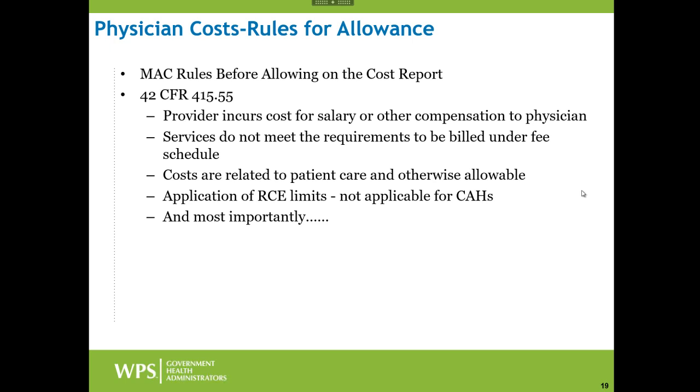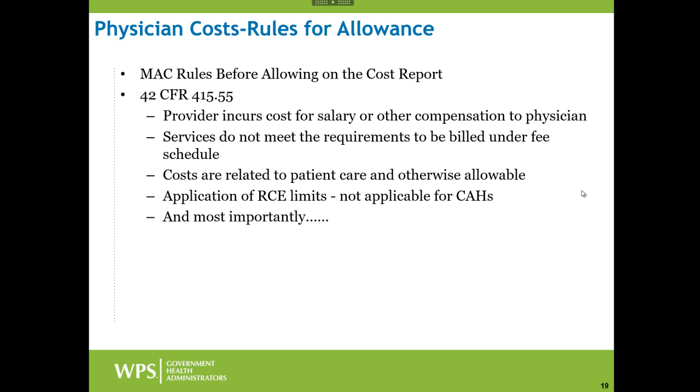And just as a summary, this basically says that the provider is incurring the cost for salary or other compensation to the physician. So there has to be a true cost incurred. The amount can't just be pulled out of thin air. There has to be proof that that cost was incurred for something related to a payment to the physician.